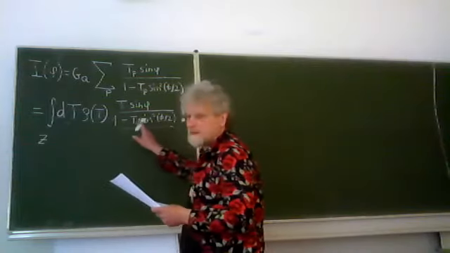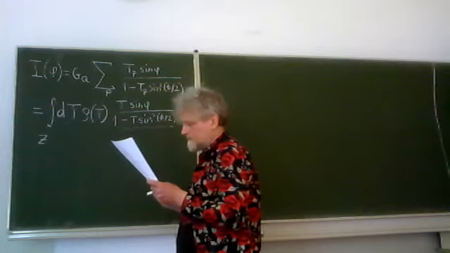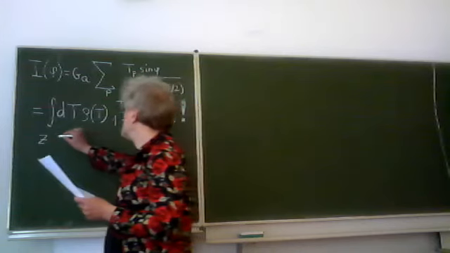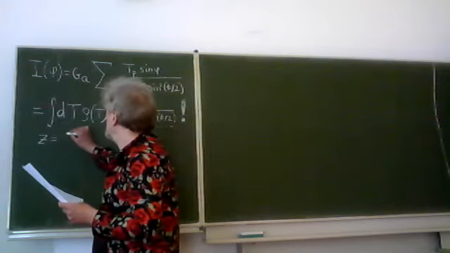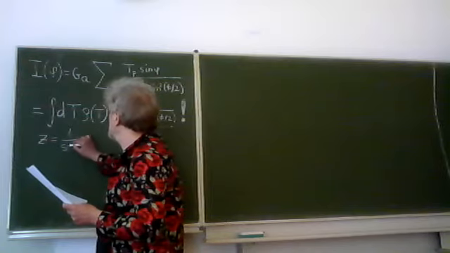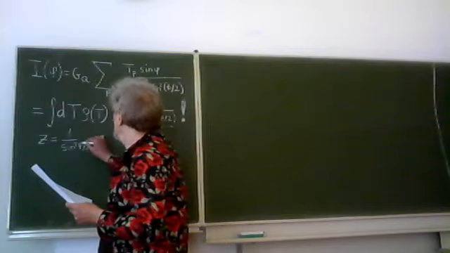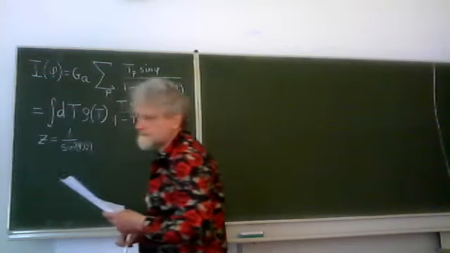Okay, the idea is that we introduce a variable z, which makes this denominator simpler. And this variable is 1 over sine phi over 2.